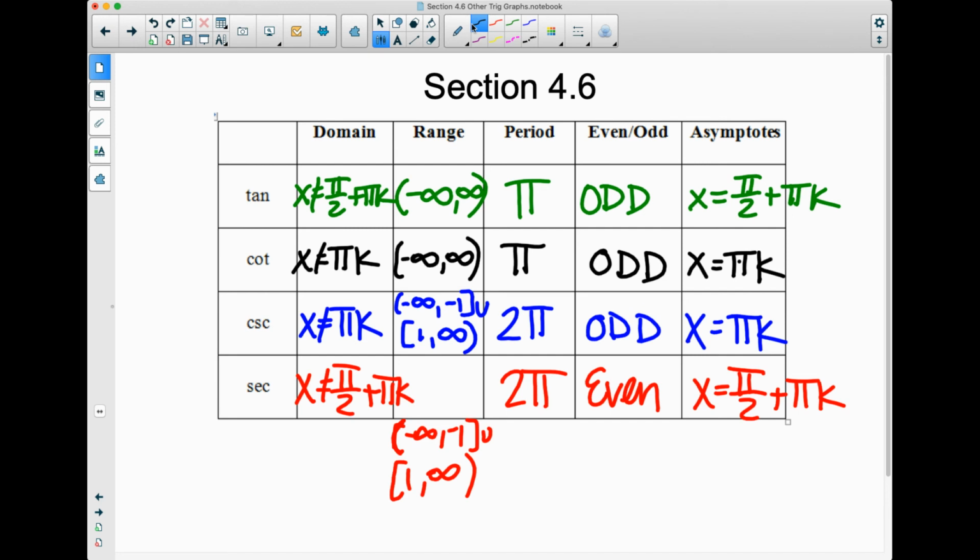You'll still approach them the same way with the transformations, phase shifts, vertical stretch and compressions, moving things up and down, all that. Okay? Any questions so far?